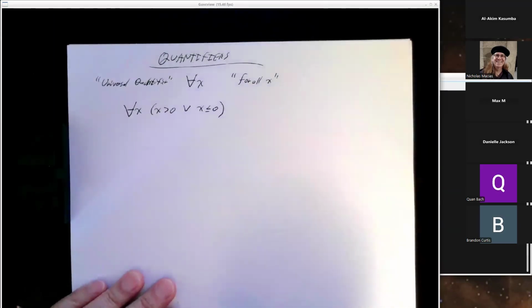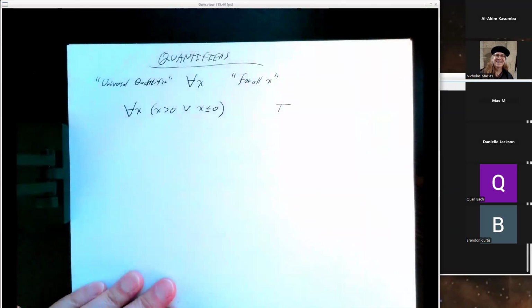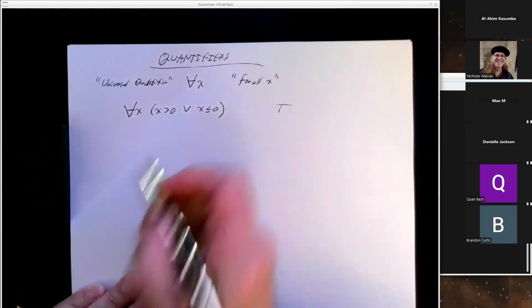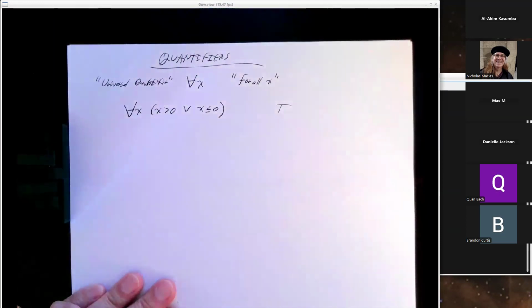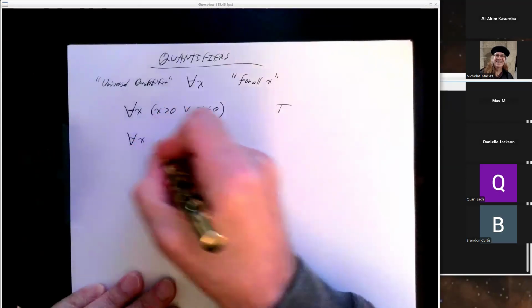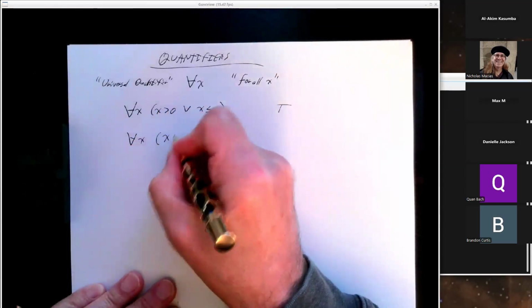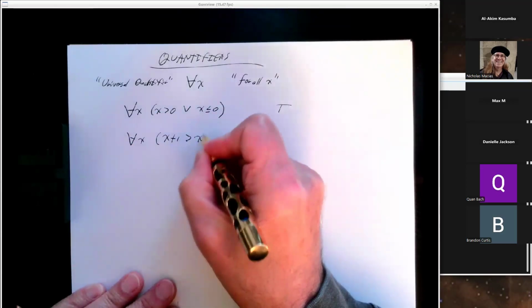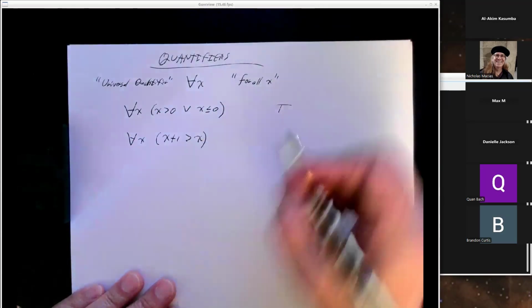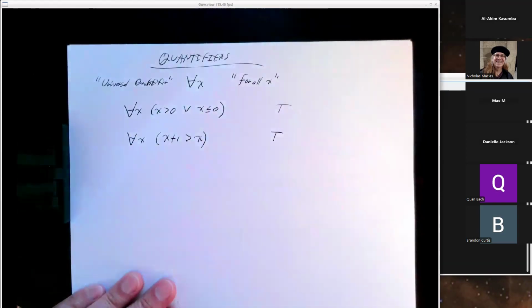It's a declarative statement. And that happens to turn out to be true. Every number is either positive or it's less than or equal to 0. For all x, x plus 1 is bigger than x. That's another declarative statement, and that also turns out to be true.